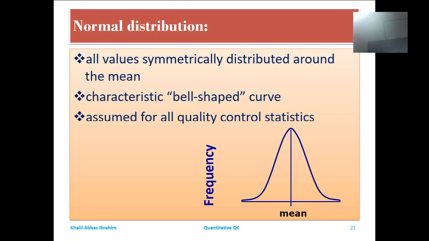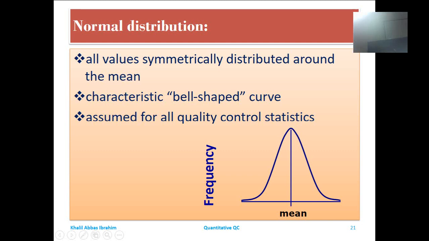Normal distribution is the phenomenon that is observed, and we need to notice it so as to assure the quality, capability and effectiveness of the measurement system that you are adopting in the laboratory. In the normal distribution, all values are symmetrically distributed around the mean, as is noticed in this shape, and they form a characteristic bell-shaped curve.